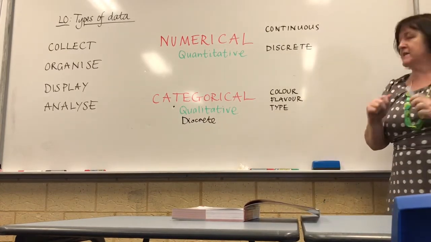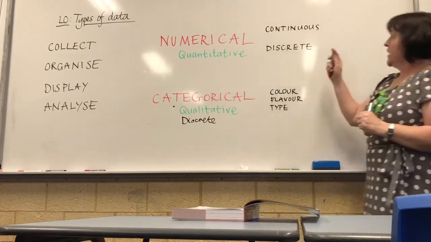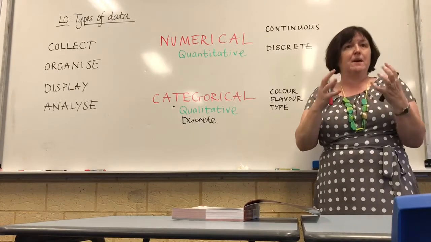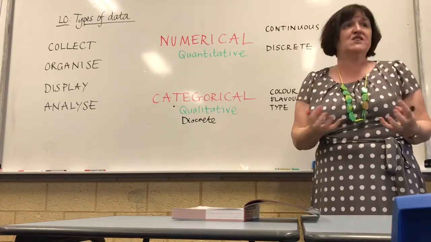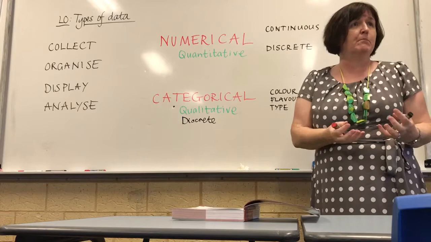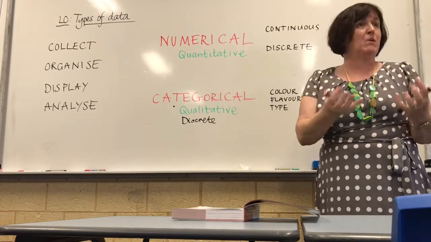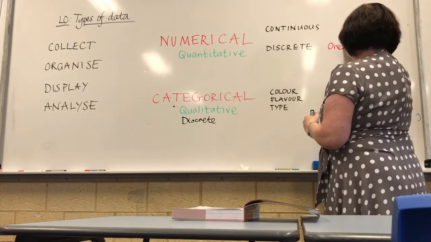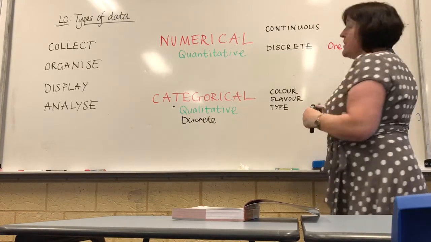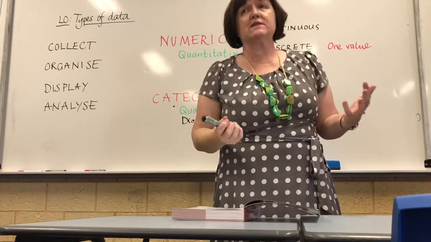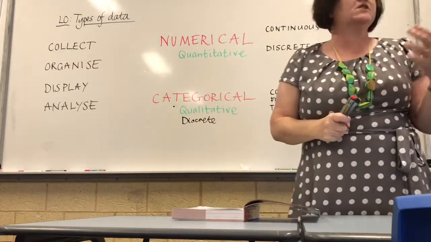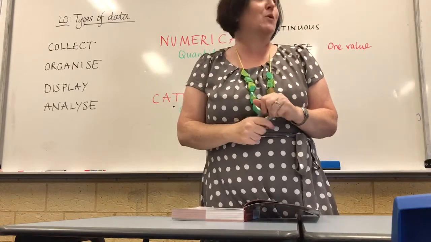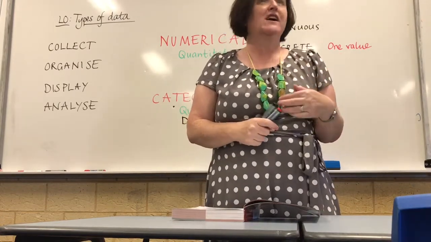And there's an easy way to remember. So discrete data, numerical data, is where the number is an integer. Okay, it's a whole number and it can only be one value. So for instance, if I was asking you what your house number was, unless you live in Harry Potter world and you live at 9 3/4 or whatever, you tend to live at an integer, don't you?